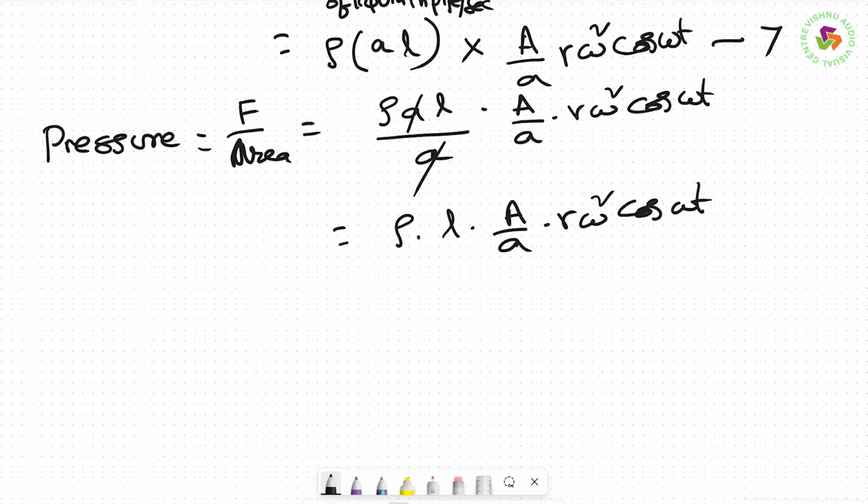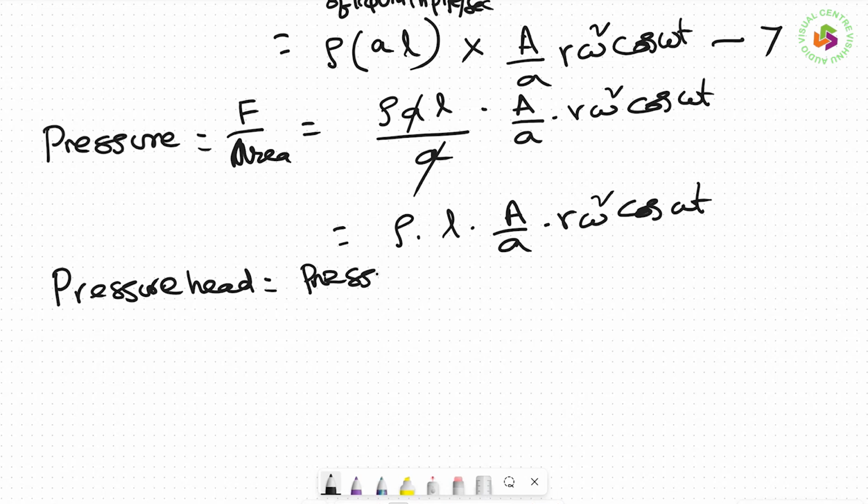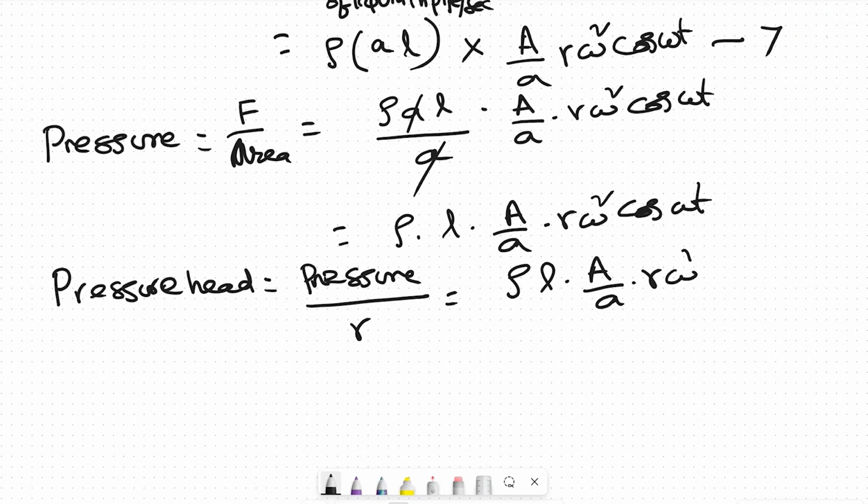Now pressure head. Pressure head is equal to pressure by gamma. Pressure is rho L into A by A into R omega square cos omega t by rho g.